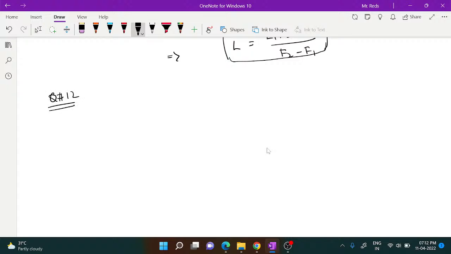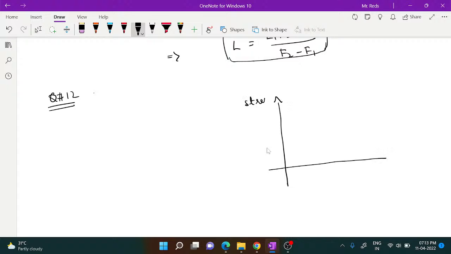Question number 12. The stress versus strain graphs for wires of two materials A and B are shown in the figure. If YA and YB are the Young's moduli of the materials, which of the following options is correct? Options are given. The graph is given like this.